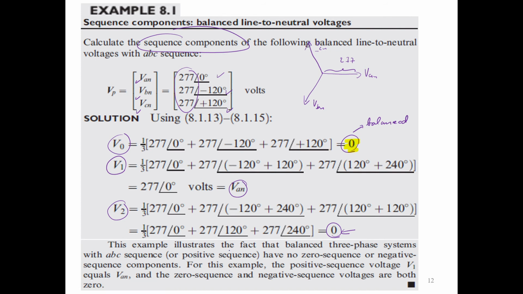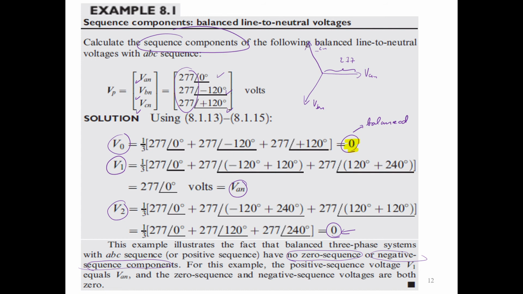This example illustrates the fact that a balanced three-phase system with ABC sequence, or positive sequence, has no zero sequence or negative sequence component. Because we gave the positive sequence phase quantities, in return you get just the positive sequence.